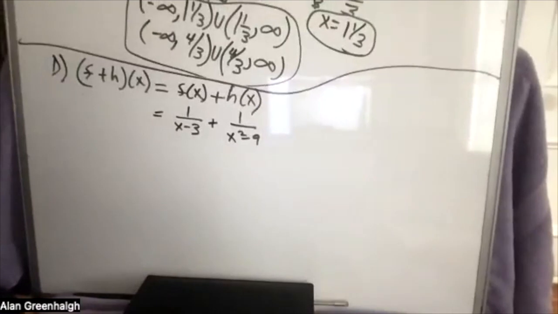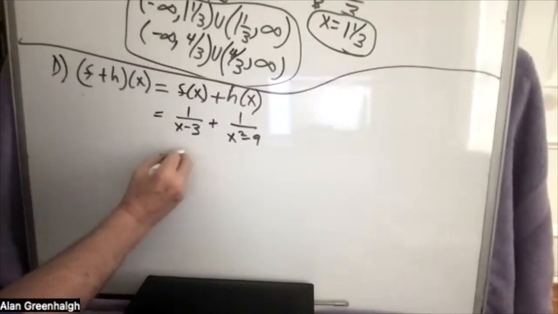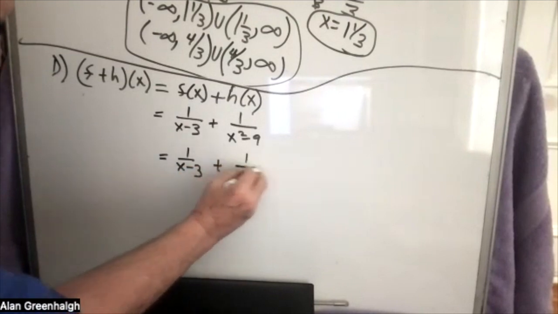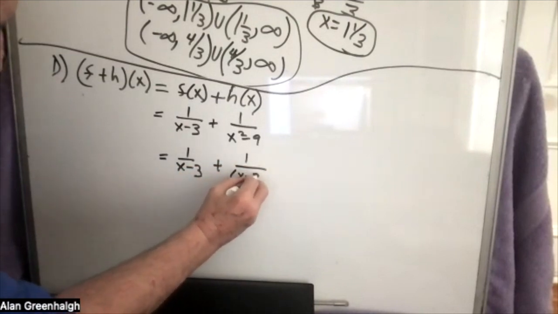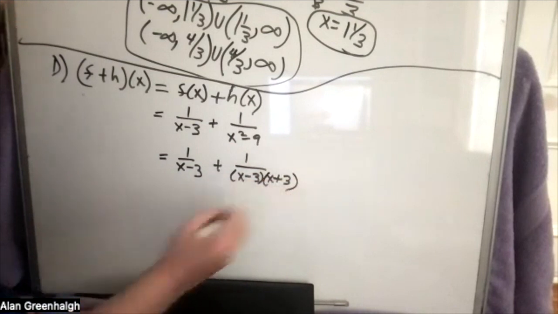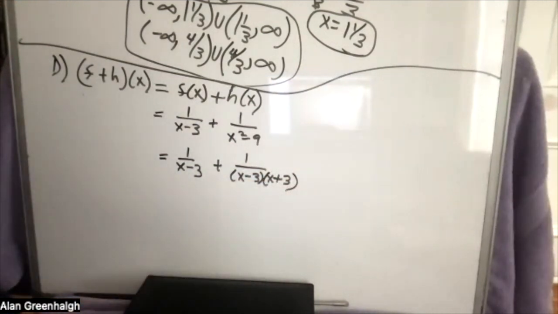And we do this in the regular way by first factoring. Then we create the least common denominator. Here we go again.